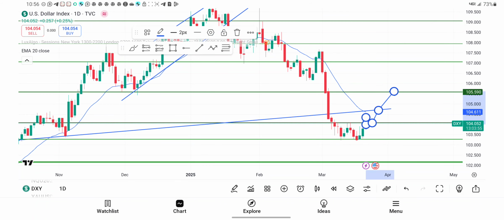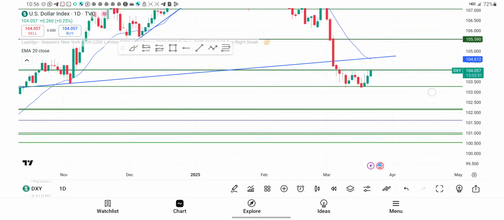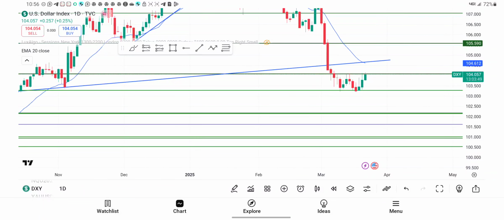So in as much as these markets have a possibility of pushing up, if this market fails to recover this level and close above it, and we have market closing below this area, then this area can also serve as resistance and push price back to this level, and then we might see the market play a range until we get a breakout.